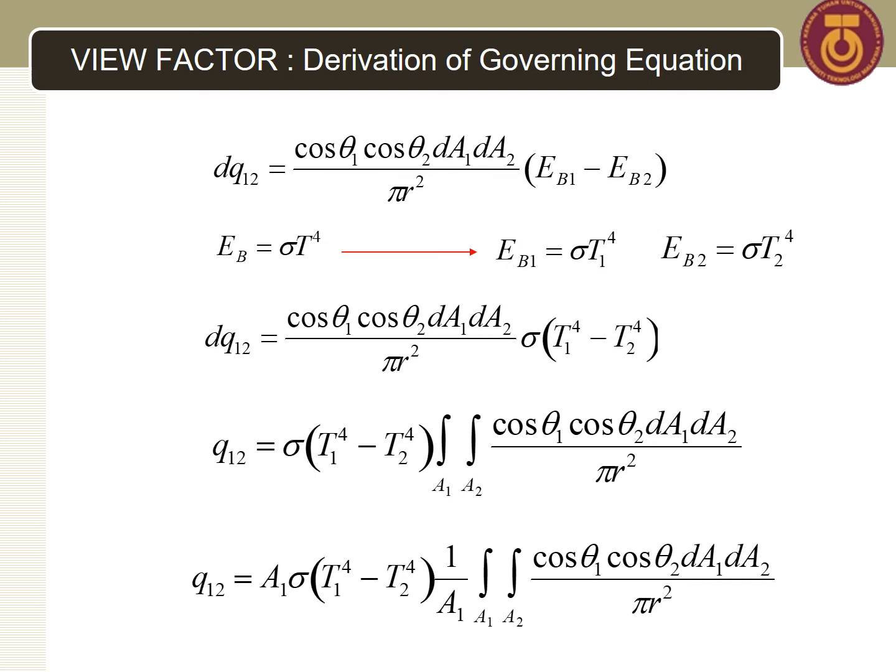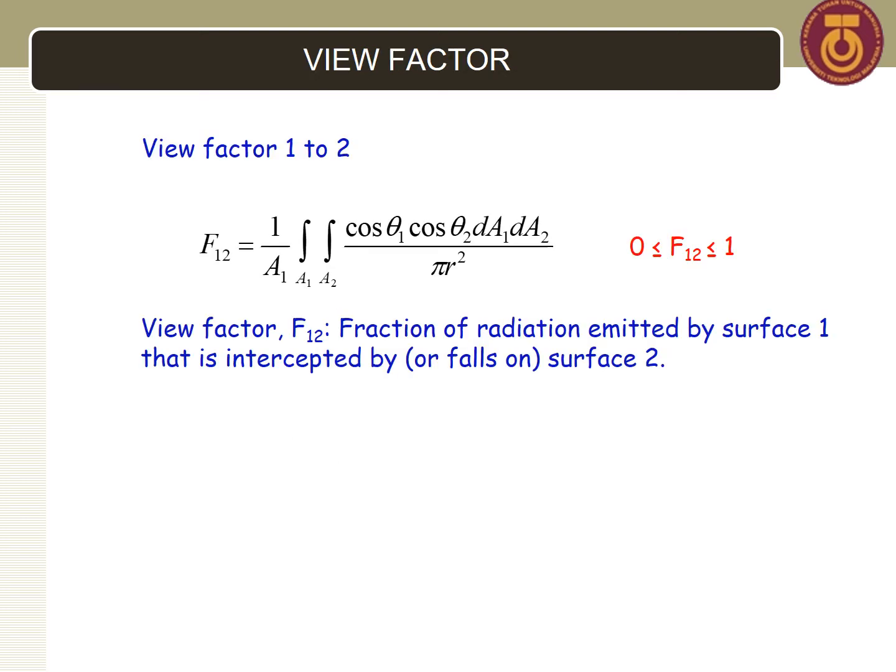After going through this derivation process, at the end you will get the governing equation for heat transfer through radiation between surface 1 and surface 2. From there, we'll be able to come up with the equation for the view factor between surface 1 and surface 2, that is F12.